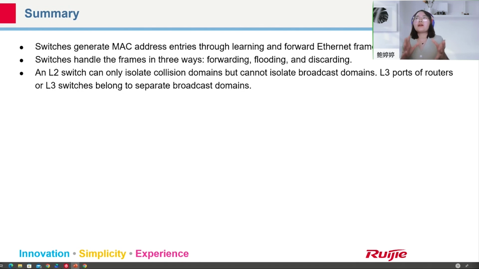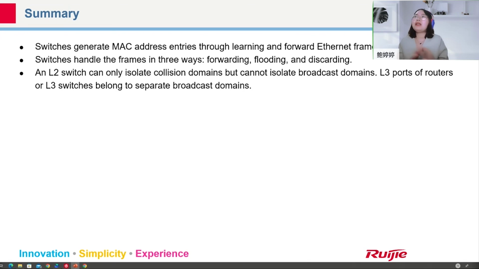So this is the main point of the switch. Later, a layer 2 switch can only isolate the collision domain, but cannot isolate the broadcast domain. That means if we send out a broadcast message in a layer 2 switch, all the links and all the devices will receive this broadcast message.